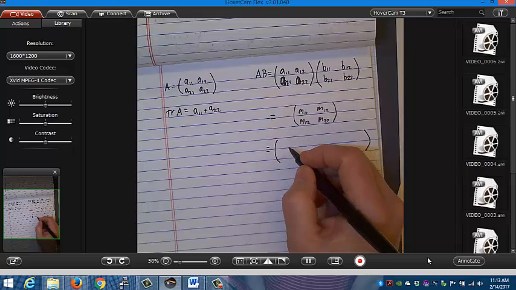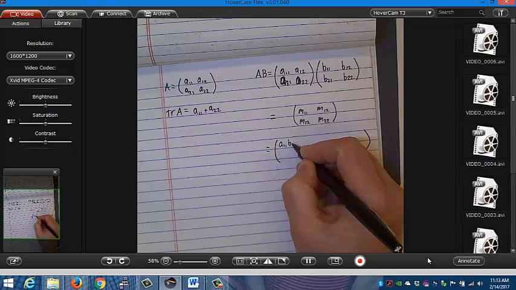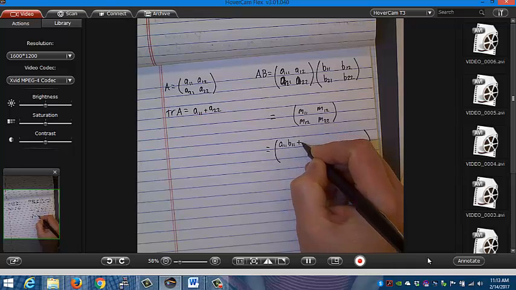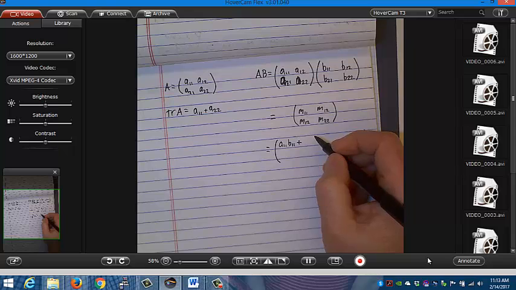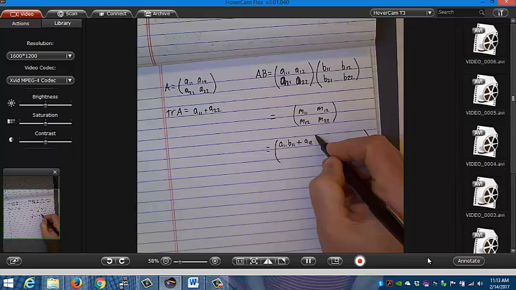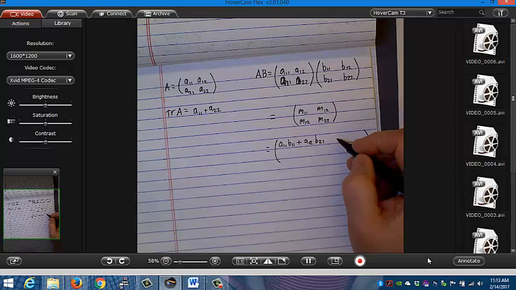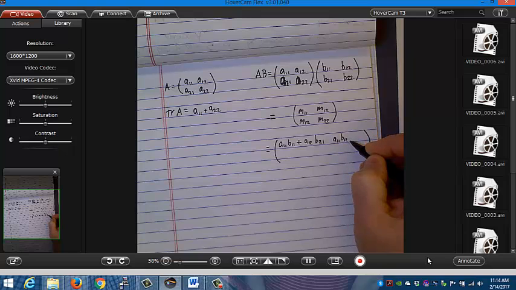So that would be A11 times B11 plus what? A12 times B21. That's right. The next entry is row 1, column 2. It would be A11 B12 plus A12 B22.